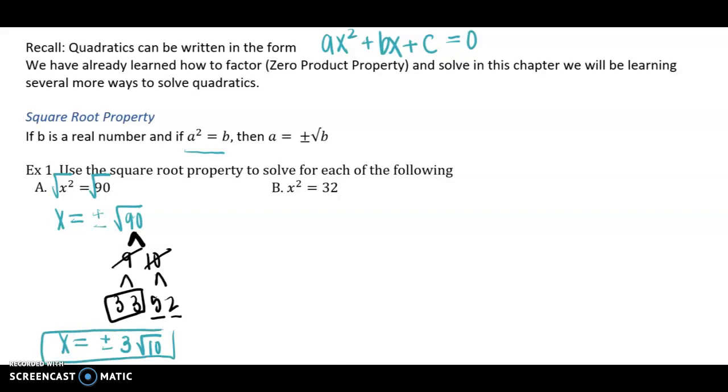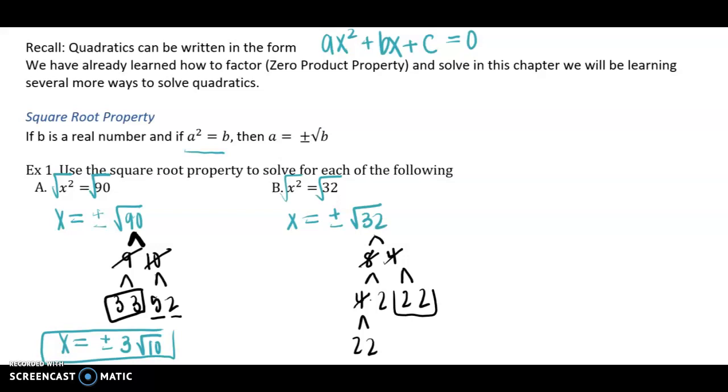Alright, then the next one. Same thing, it's in that format. It's something squared equals a number. So we're going to square root both sides. Then you get x is equal to plus or minus square root of 32. Notice that I'm putting the plus or minus whenever I take the square root of something. Then we're going to do a tree. So we could do 8 times 4, 4 times 2, 2 and 2, and then 2 and 2.